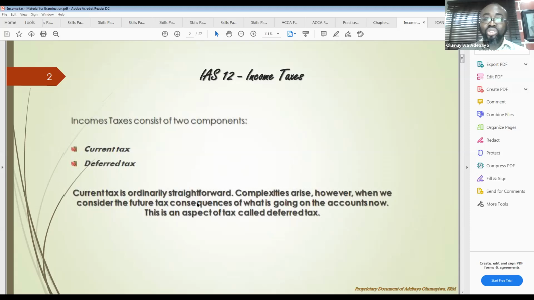But one thing that must come to our senses is that deferred tax represents an accounting measure of the future consequences of our actions today as it relates to tax. We are going to see that as we move on. But the first thing we need to do is to concentrate on what is current tax.